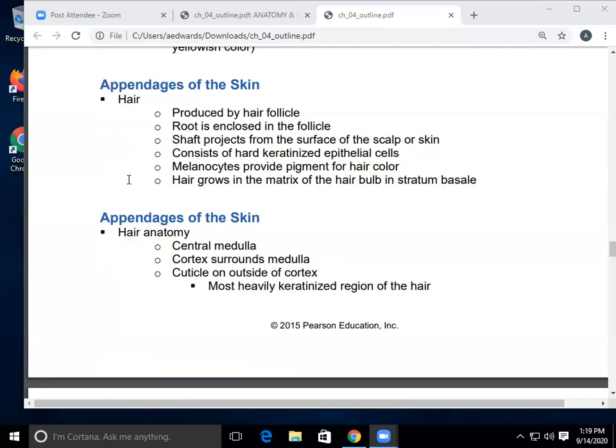That hair is going to grow in what we call the matrix of a hair bulb, in a layer that we call the stratum basale. So basically, the stratum basale layer of the skin, you can actually have projection of hair through it. That should make sense, because what did we say was found a lot in the stratum basale?